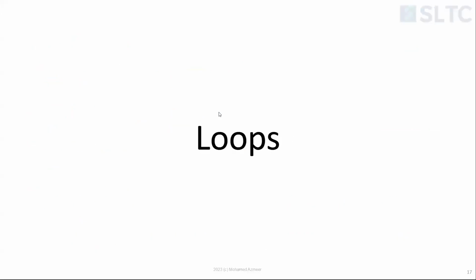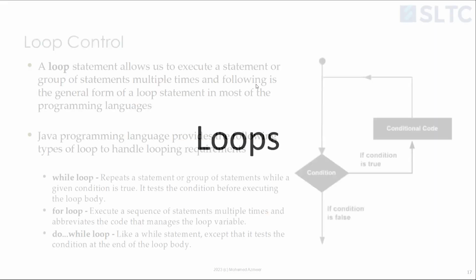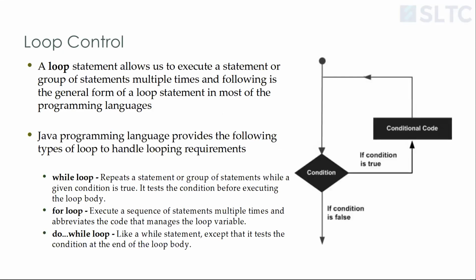Which brings us to a new topic today, that is on loops. A loop, there are other words for this as well. We call it repetition, we call it iteration. We mean the same thing, doing one job multiple times. That is called a loop. So in Java, just like many other languages, we have the standard 3 ways of loop control: for loop, while loop, do while loop.